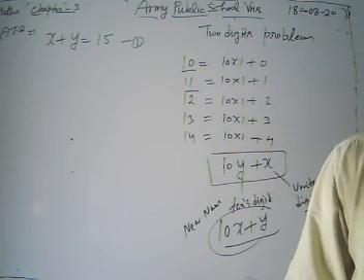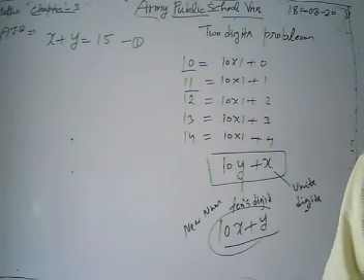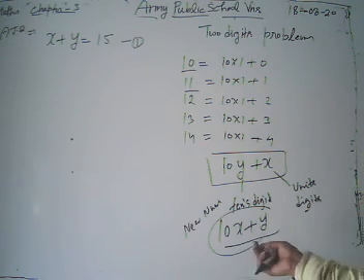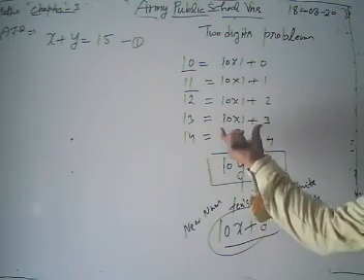Now it's given that the number obtained by interchanging the digits exceeds the given number by 9. This means it is 9 more than the original number.